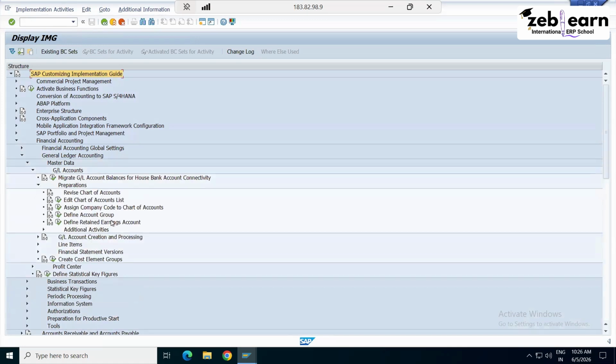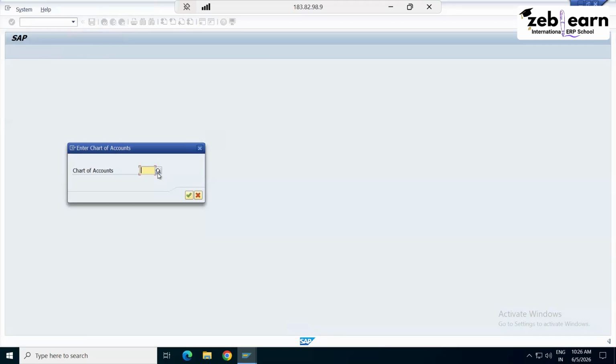Can you see Define Retained Earnings Account here? Click on it. What is our chart of accounts? INT8. How to check? If I'm not sure, how to check what is my chart of accounts?